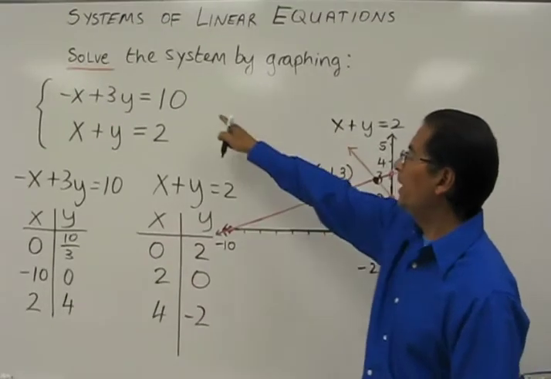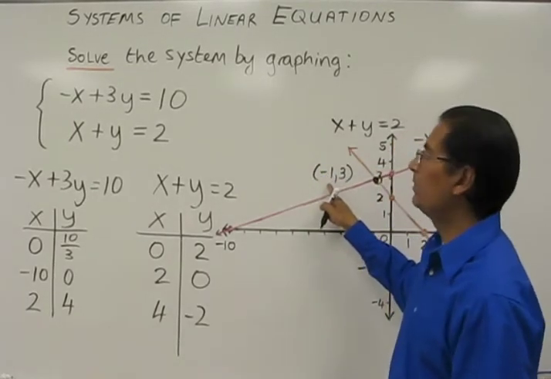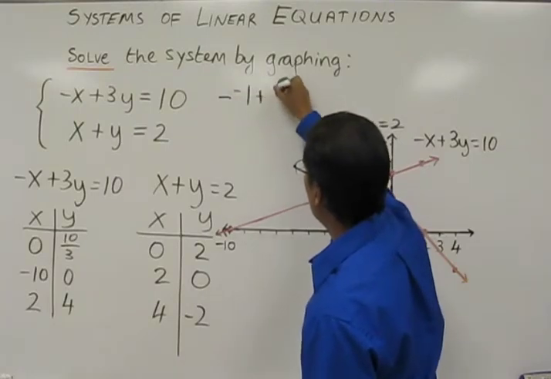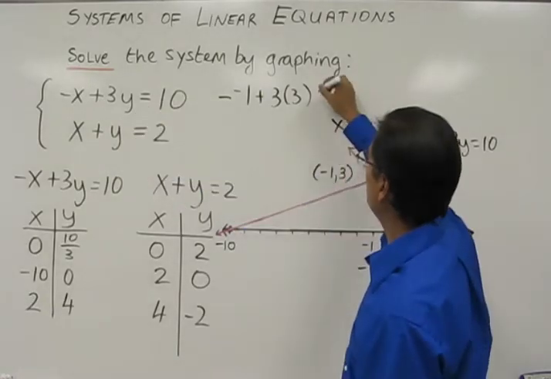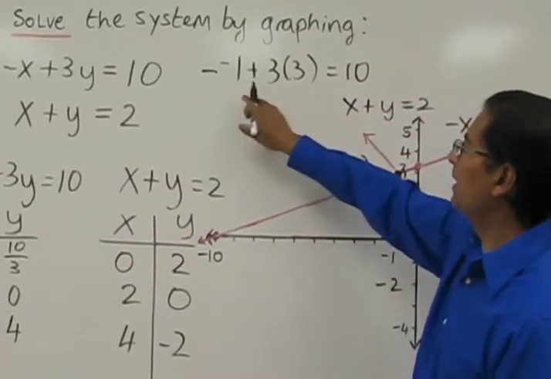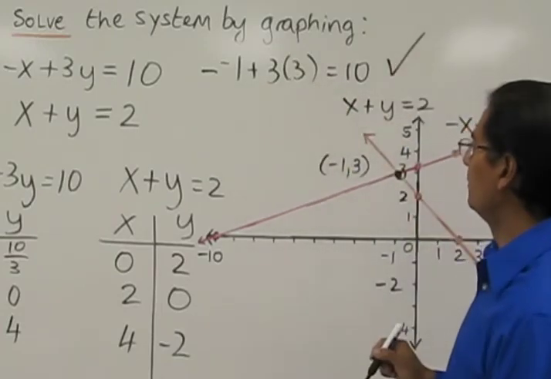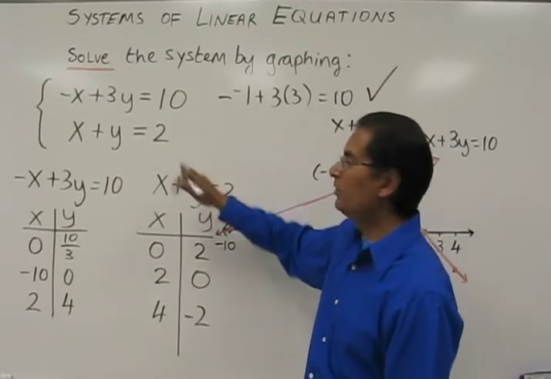Let's do that. In the first equation, negative x plus 3y equals 10, I'm going to plug in the point negative 1, 3.